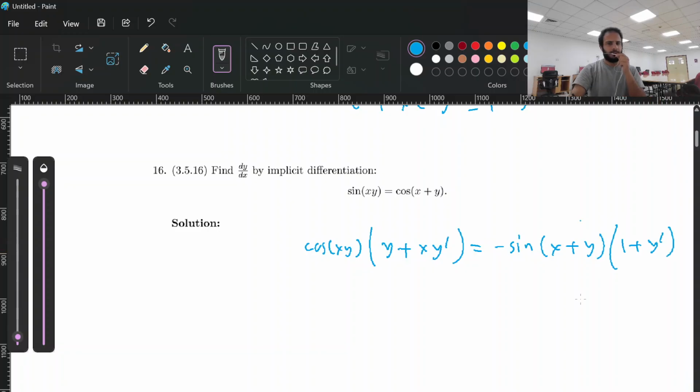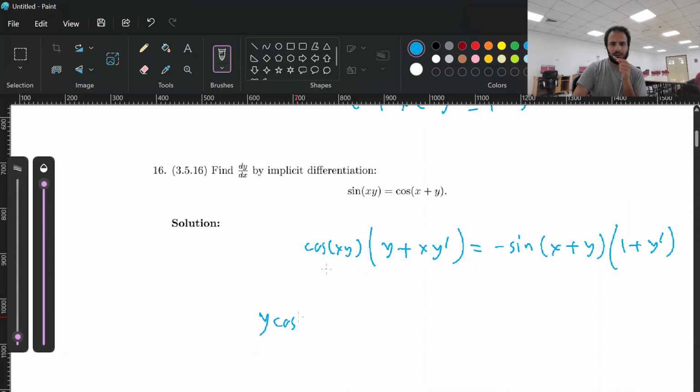Thank you. After this, do we have to open the bracket on both sides? No need, this is good enough. Here we need to solve for y prime explicitly. It's written to find y prime, so don't we have to open the bracket? Yes, so let's expand everything and continue.